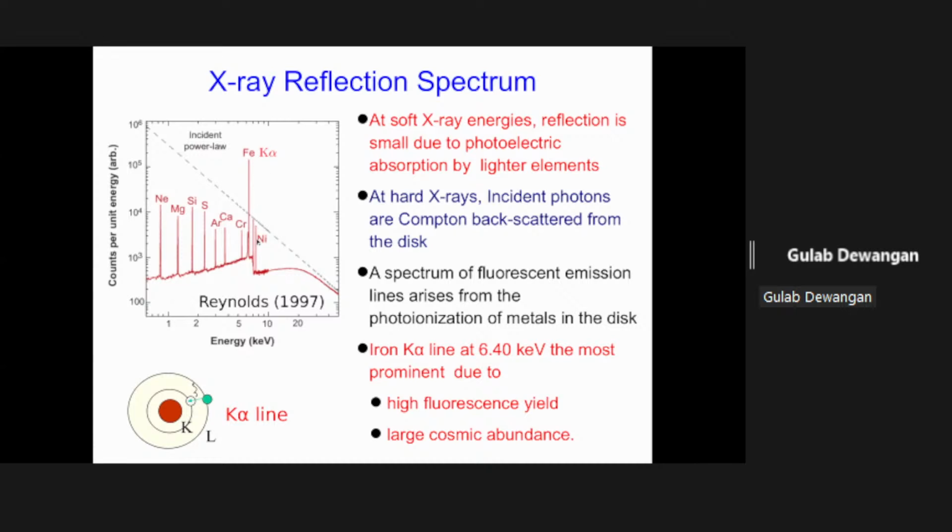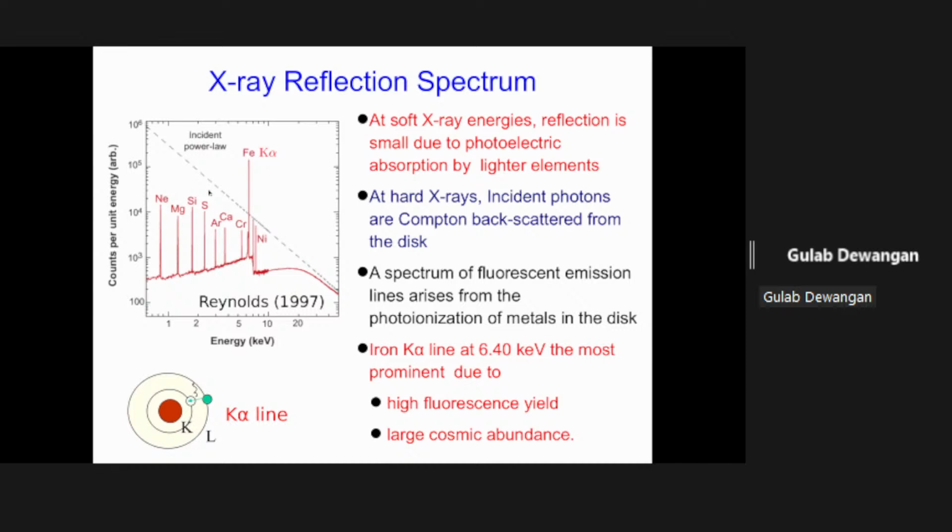Similarly, other elements like nickel will also give rise to such lines, but their abundance is much lower, and for the lighter elements the fluorescence yield is also very low, so we don't see strong lines. The strongest line is the iron K alpha line.